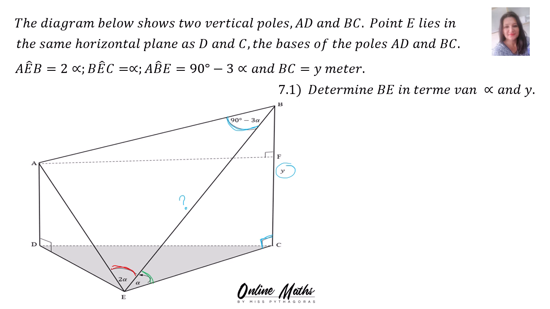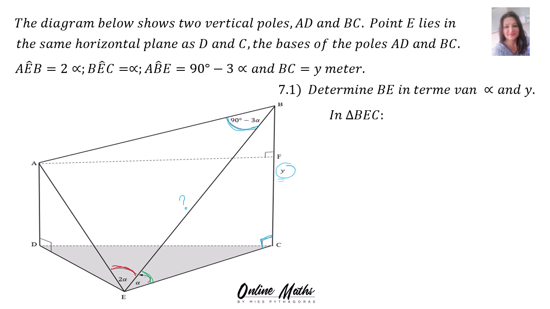So when we work with a right angle triangle, we will use normal sin, cos and tan. So we can say in triangle BEC, and remember it must be in terms of alpha and y, so we need to include this angle alpha and we need to include y.